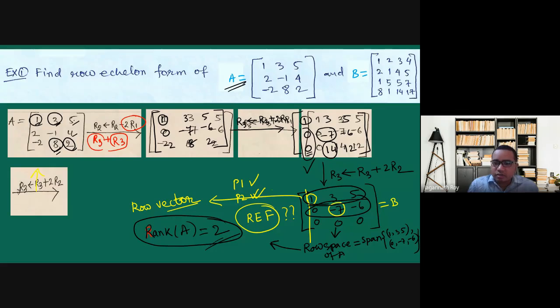The dimension of this row space will be 2, that is, the rank of the matrix is 2.